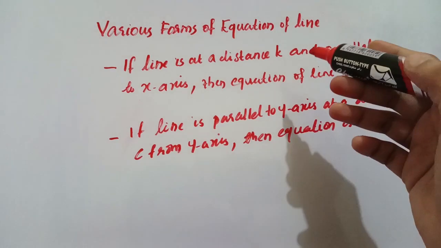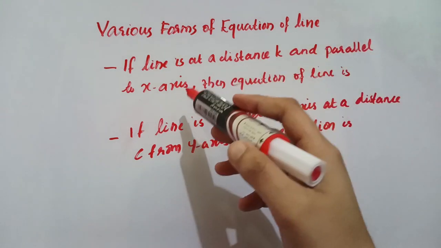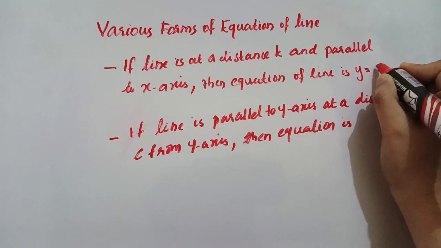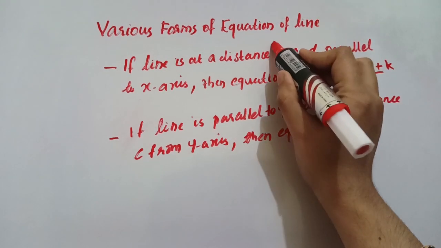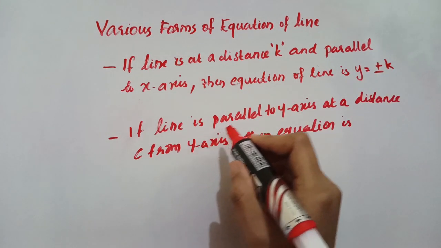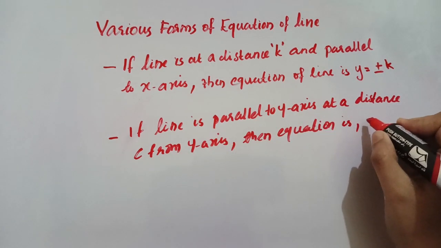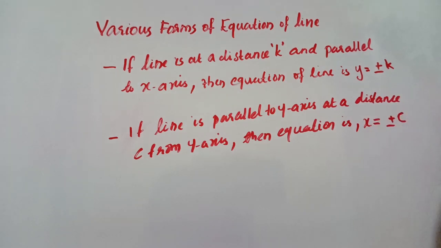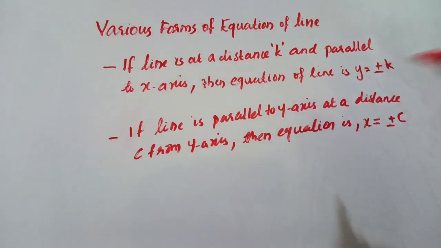Next topic, various forms of equation of a line. If a line is at a distance k and parallel to the x-axis, then the equation of the line is y is equal to plus or minus k. That is, it is at the distance k. If a line is parallel to the y-axis at a distance c from the y-axis, then the equation of the line is x is equal to plus or minus c, because it is at the distance c from the y-axis and parallel to it.